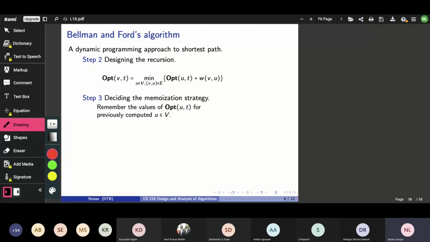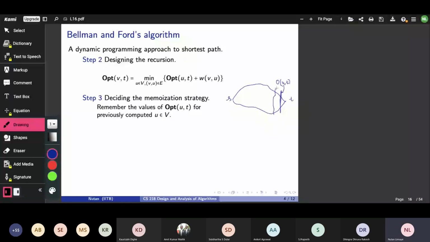So what we are planning to do is slowly make progress from the frontier that starts at T. So this is my graph. This is S, this is T. I look at the first frontier here and I build opt of U comma T for U that lie in this frontier.